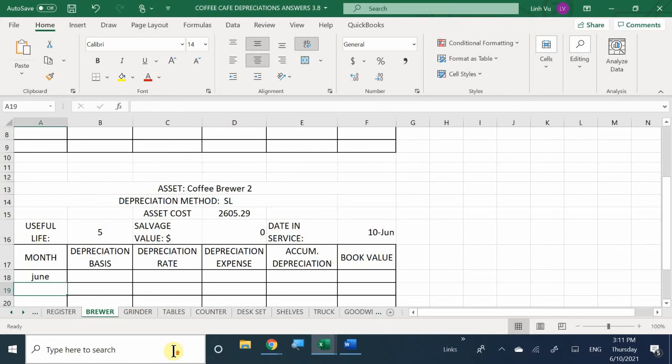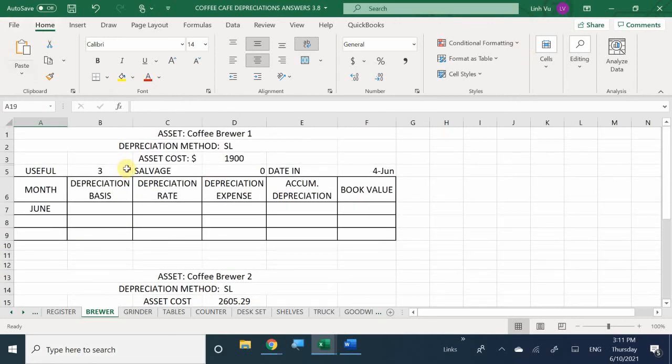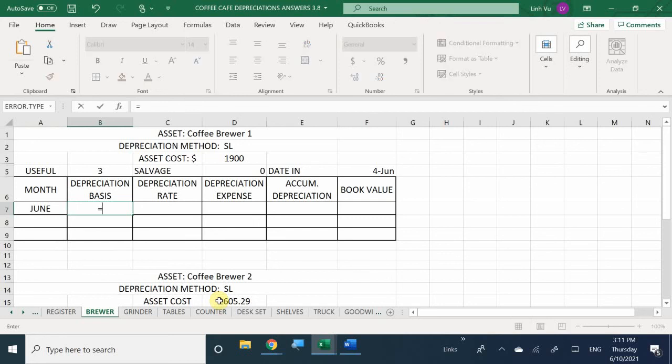Okay, so let's go ahead and do one calculation. Let's do the first coffee brewer first, and then we'll solve the second coffee brewer afterwards. So what is going to be my depreciation basis for straight line?